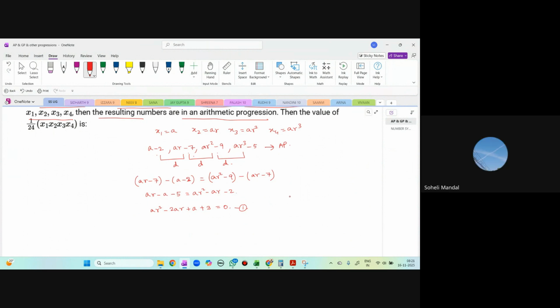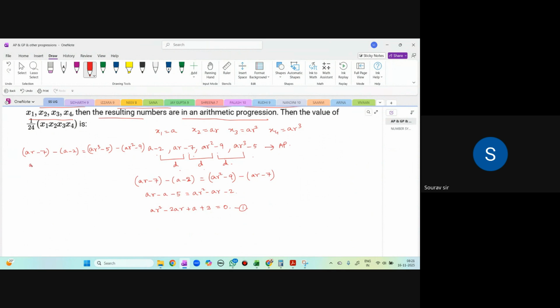Yes, sir. The second equation would be the difference of the first and the second equated to the difference between the fourth and the third. So I have ar minus 7 minus a minus 2 equals ar cube minus 5 minus ar square minus 9.